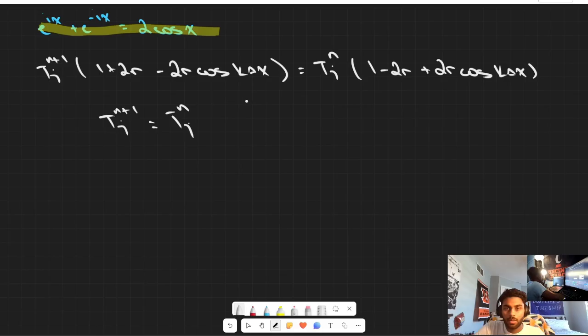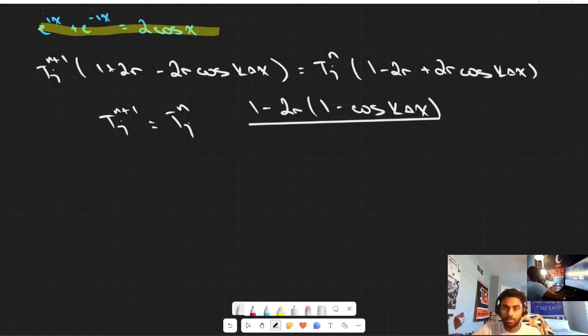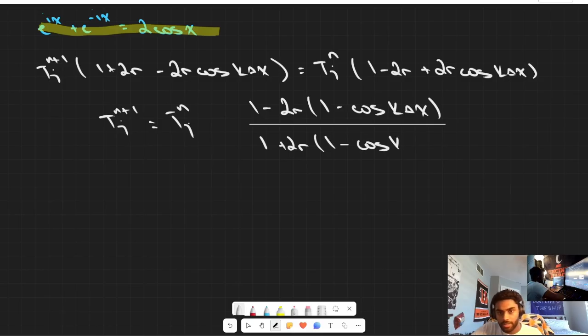On the top, we'll factor out a 2R, which means that we have 1 minus 2R times 1 minus cosine k delta x. And on the bottom, we get 1 plus 2R times 1 minus cosine k delta x.